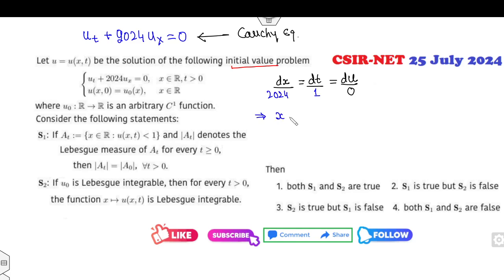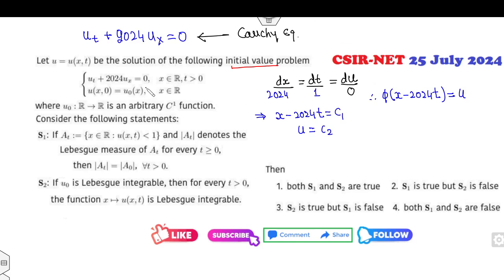From the first two cases I can get this solution, which is a constant. From the last case I can take u as C2. So therefore my solution is x minus 2024 t; there is actually no role of 2024 because this year is 2024, that's why it is written as 2024.